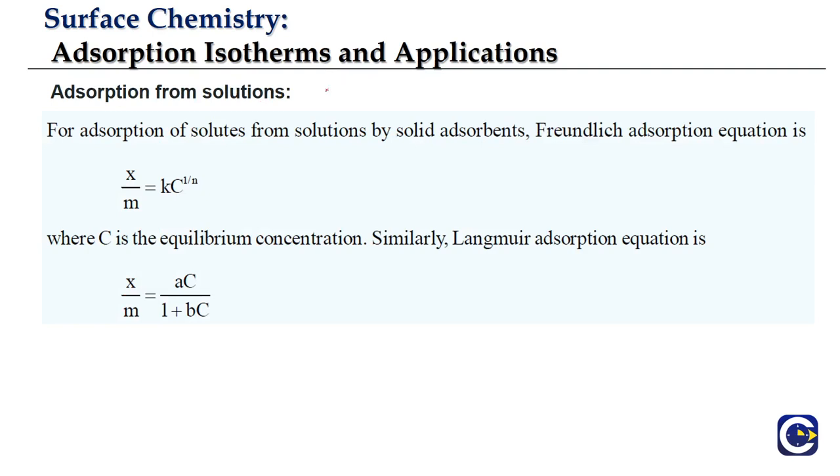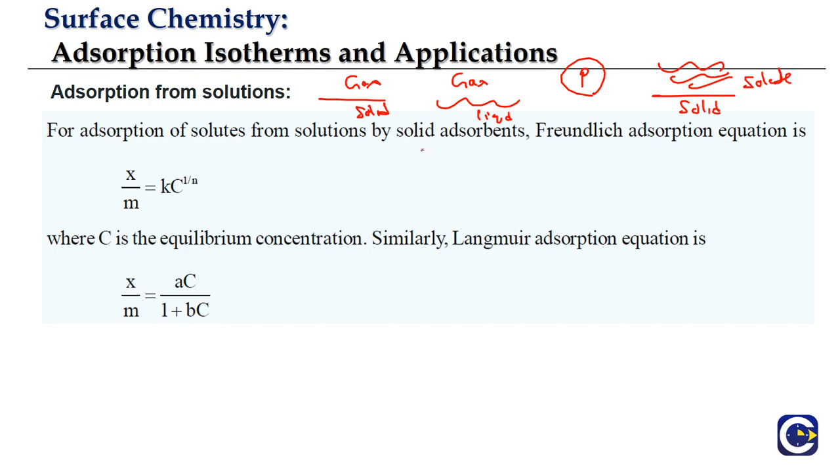Now we have talked about the adsorption of a gas on the surface of a solid or liquid. That is why we have been considering the effect of pressure. But in the adsorption of solute particles onto the surface of a solid, the extent of adsorption, x by m, is determined by the concentration of the solute, generally the molar concentration.